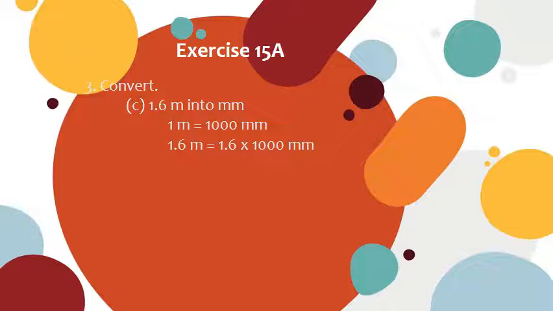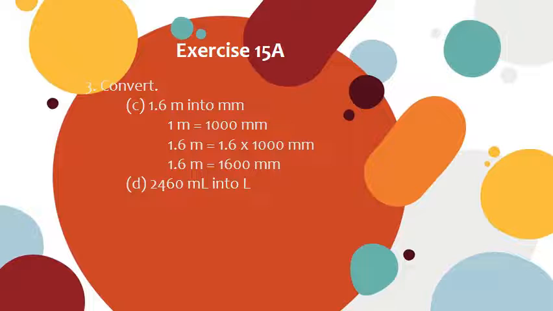Whenever we change a larger unit into smaller unit, we always do multiplication, right? So 1.6 meter is equal to 1.6 multiplied by 1000 millimeter, which in turn is equal to 1600 millimeter, right? So 1.6 meter is equal to 1600 millimeter.